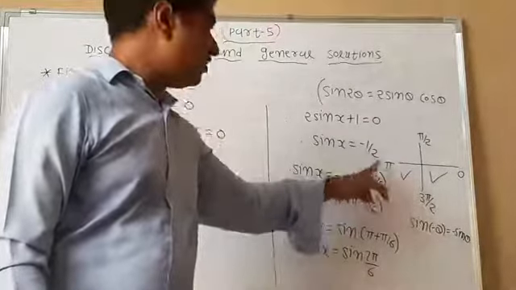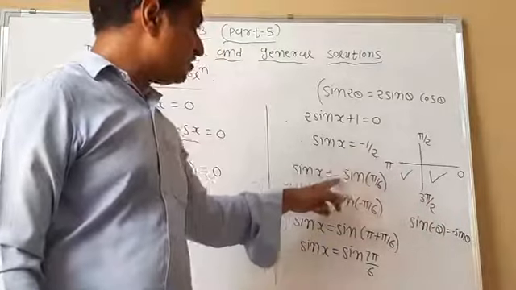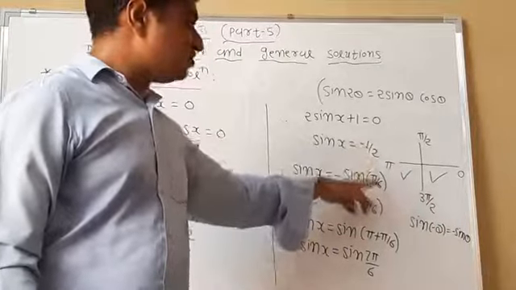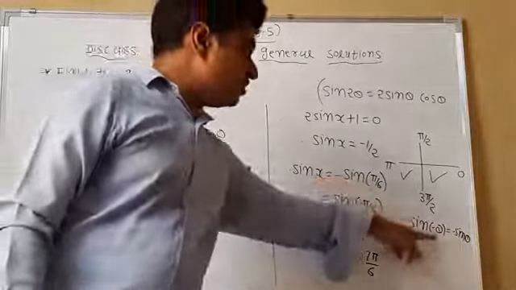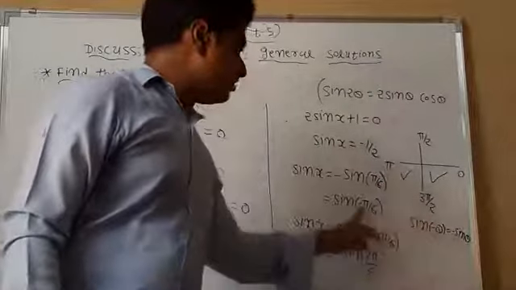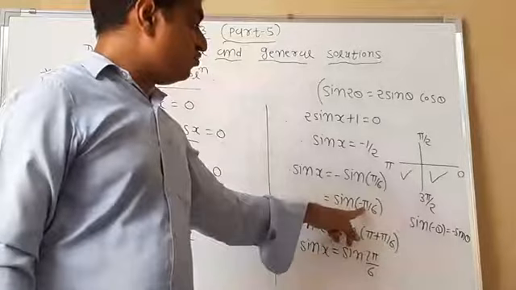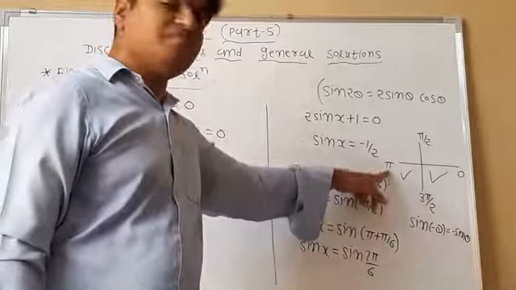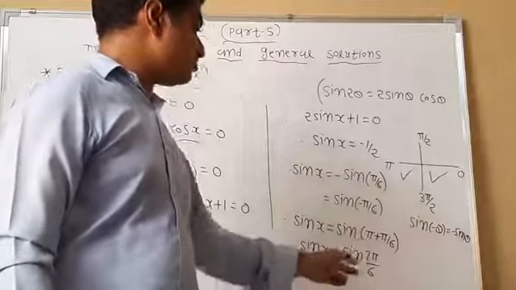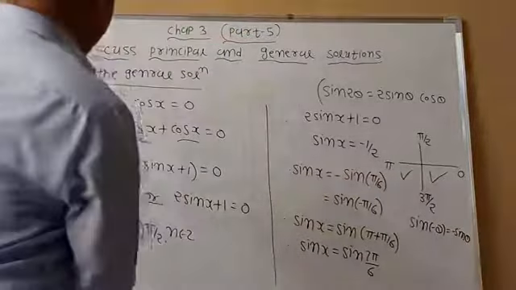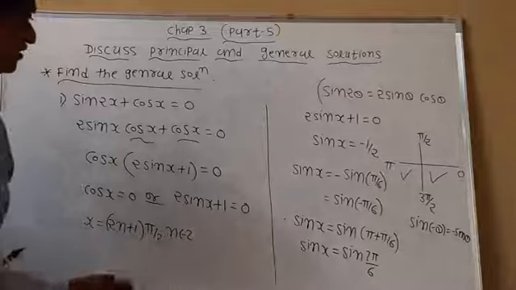So in place of 1 by 2 we write sin pi by 6, and the minus sign using this result can be written as sin of minus theta. Now remove this minus sign. So pi plus pi by 6. Now take LCM. So sin x is equal to sin 7 pi by 6.